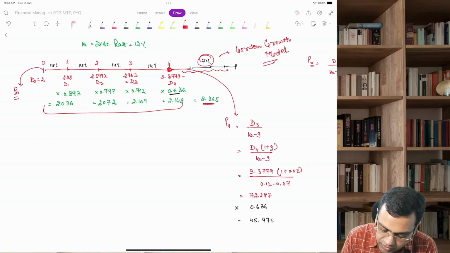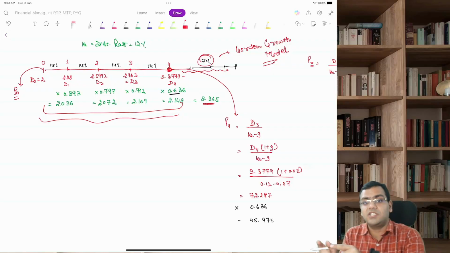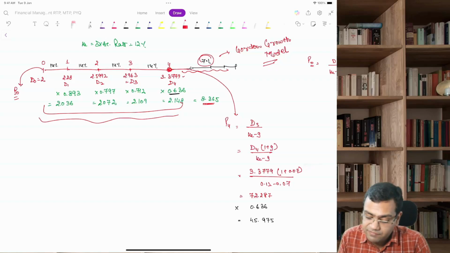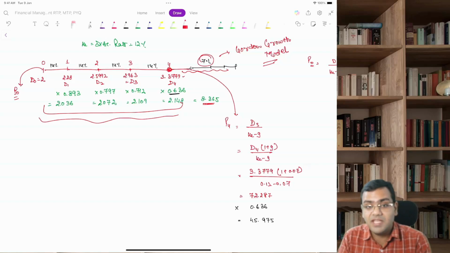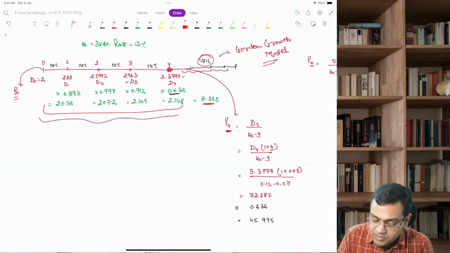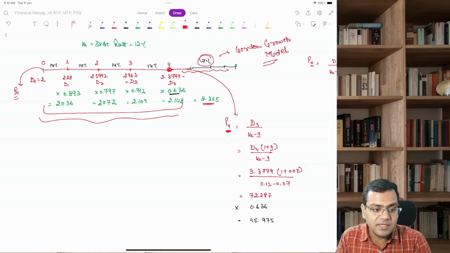So in the first 4 years we cannot apply it, but from the 4th year onwards, when the growth rate stabilizes at 7%, it is going to remain the same for the rest of the period, for an indefinite life. So we cannot calculate the dividends for every year, right? What we can calculate is P4. P4 is the price at the end of the 4th year.